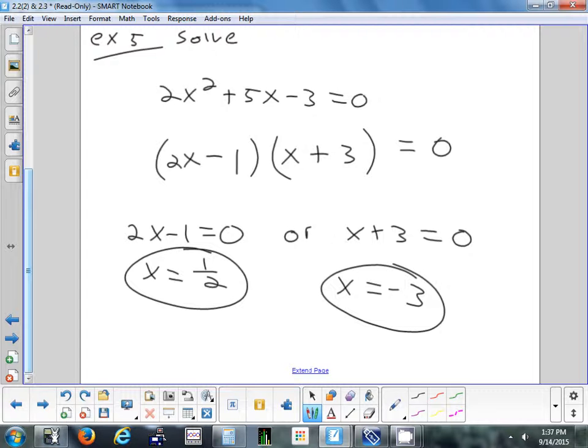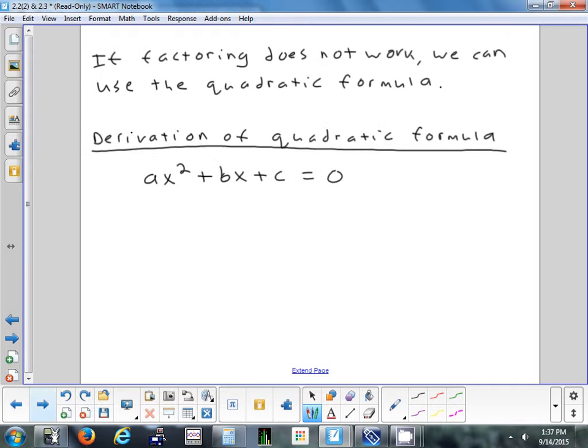Okay, so when you can factor a problem, it's very quick to solve it, usually. Any questions on the factoring? All right. So if you can't factor it, we can use the quadratic formula.